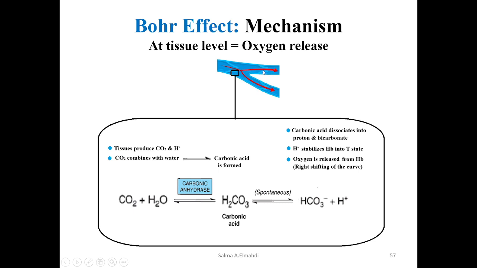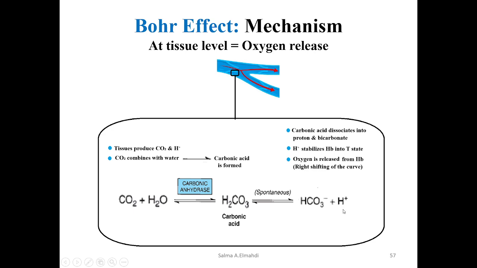So at the level of the tissue or venous blood, tissues produce carbon dioxide and protons. Carbon dioxide combines with water in the presence of carbonic anhydrase enzyme to form carbonic acid. Carbonic acid spontaneously dissociates into bicarbonate and hydrogen ion, or proton.